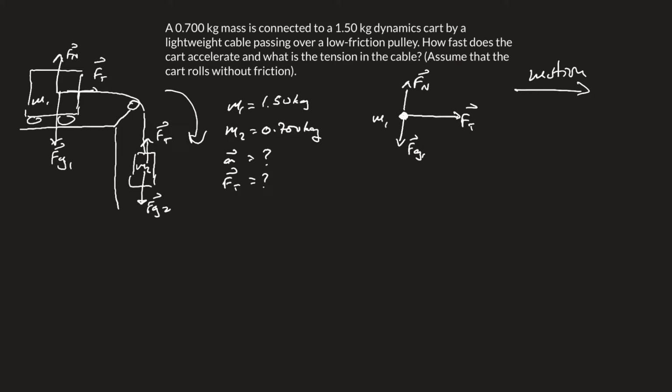Now take a look at mass 2. Again, we're just drawing everything as if it's in the X reference frame. For M2, we would have Fg2, and of course Ft, intentionally opposite to the Ft in the first diagram.